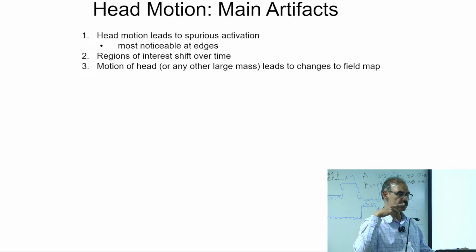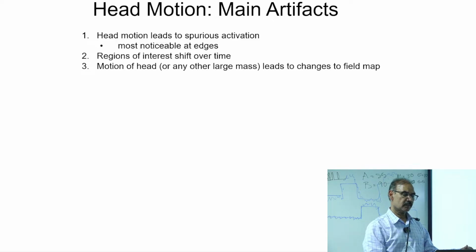So you would use this. Also, people have started using another parameter called FD, frame-wise displacement, also as a predictor of no interest, right?